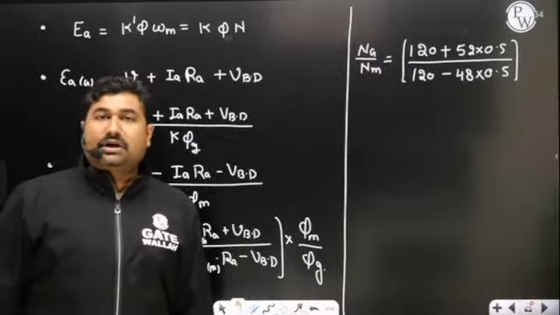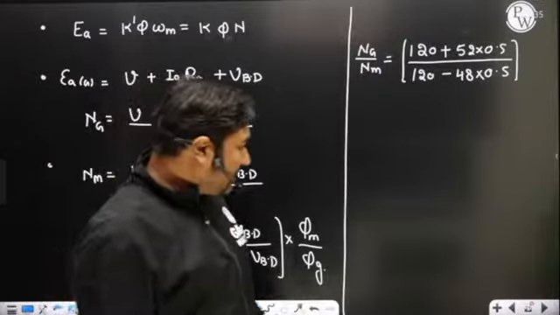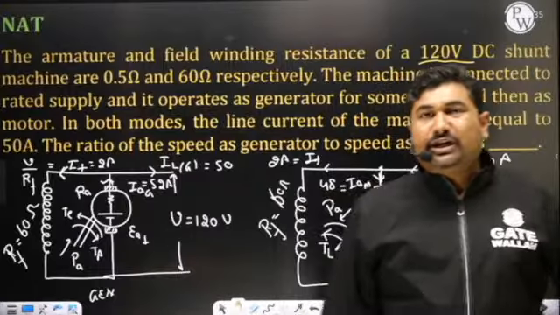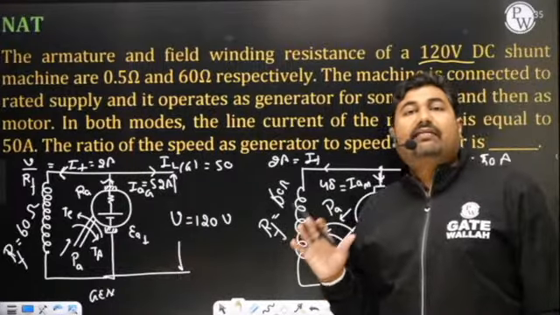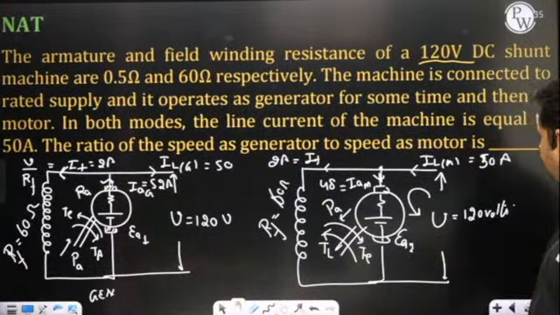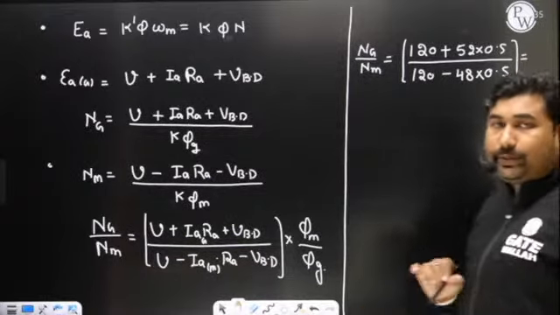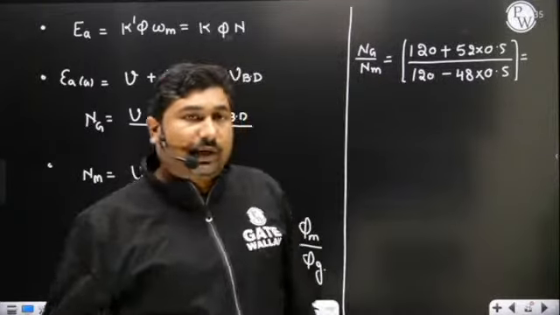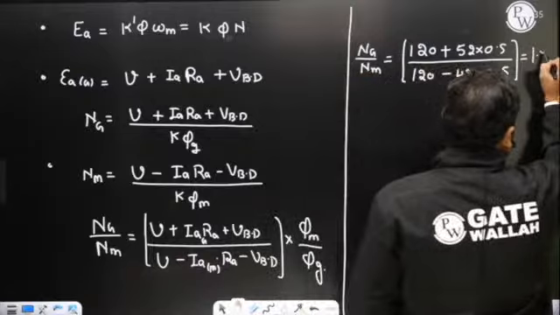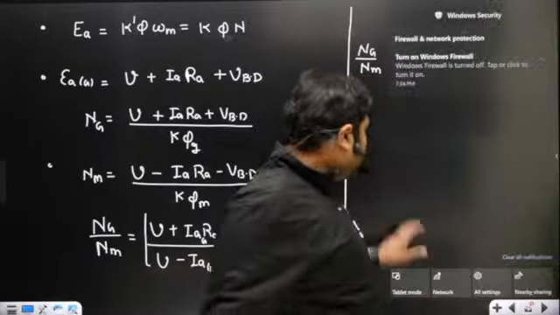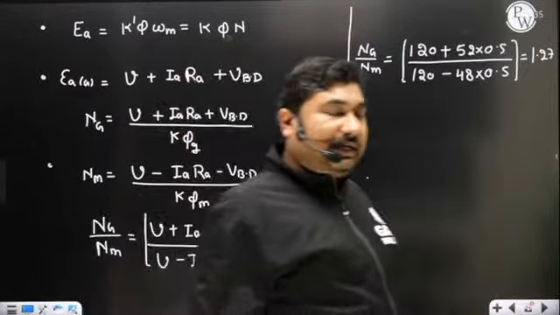Sir, field current is not changing, armature reaction considerations are not given, so it means flux will remain constant. So this shows the ratio. You can easily calculate the ratio, 1.527. Great, thank you. Hoping you are able to understand this question properly.